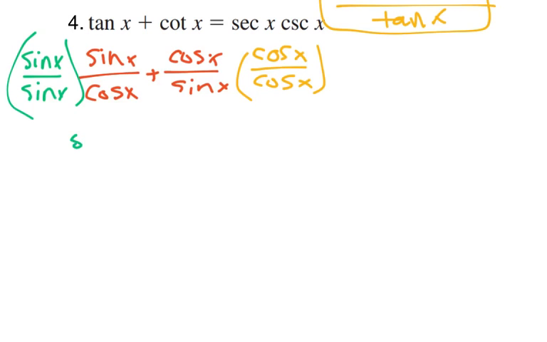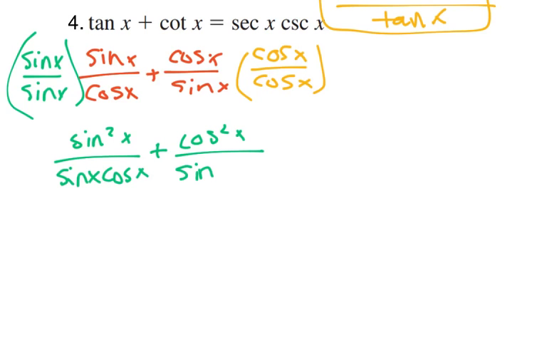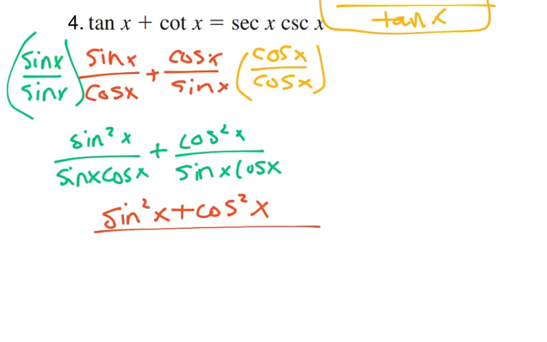And so if we do that, our top becomes sine squared x sine cosine plus cosine squared x sine cosine. And so on our numerator, it becomes sine squared plus cosine squared, which hopefully we can see automatically as our Pythagorean identity of 1. And so this numerator becomes 1 by your Pythagorean identity.